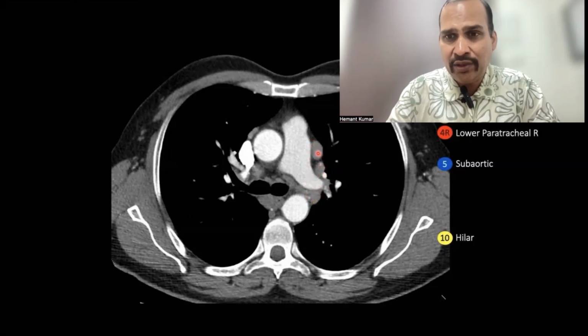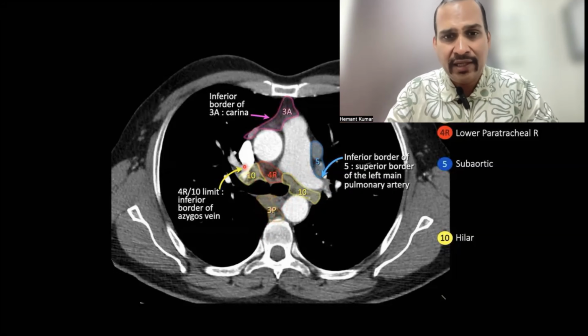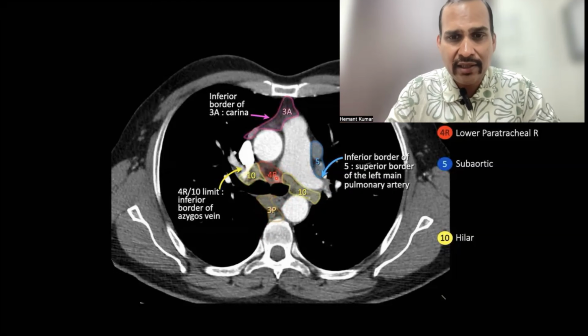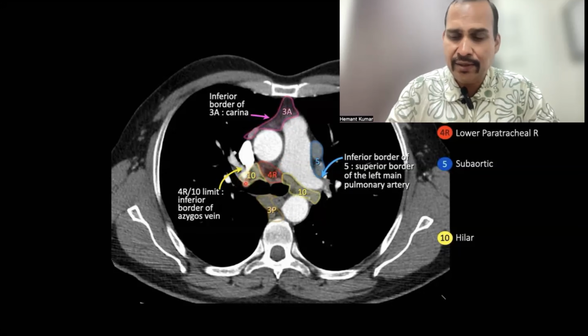This is along the AP window, station 5. Here it is 3P because the carina has not come yet. So above the carina is 3P. Here it is 4R, and here it is 10 because the right pulmonary artery is entering the lungs.